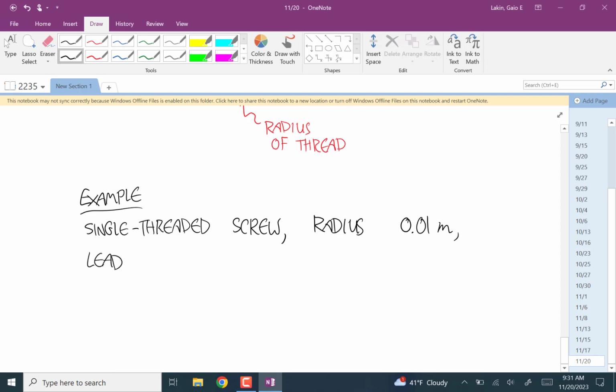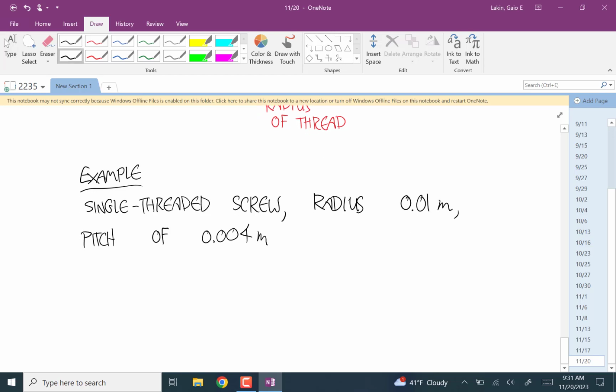And a lead of... well, actually, let me change this to the pitch to just emphasize one thing. A pitch of 0.004 meters and a coefficient of static friction of 0.1.